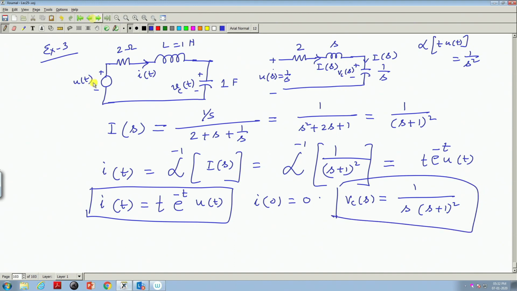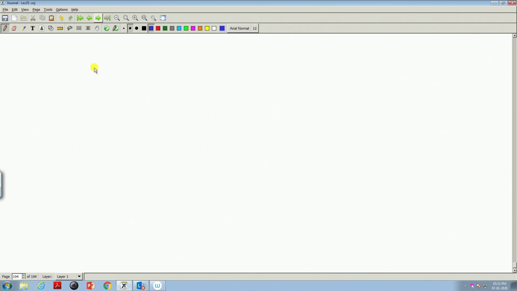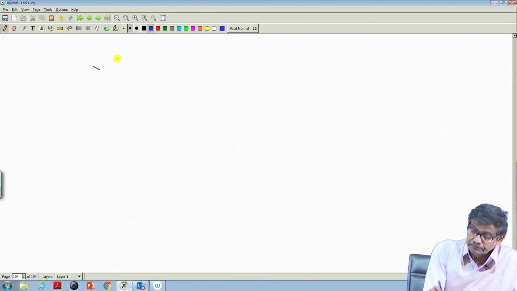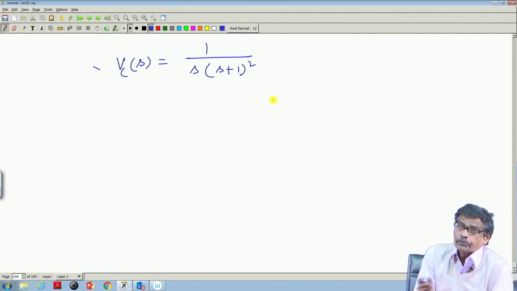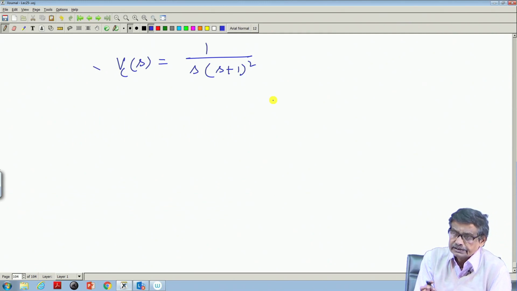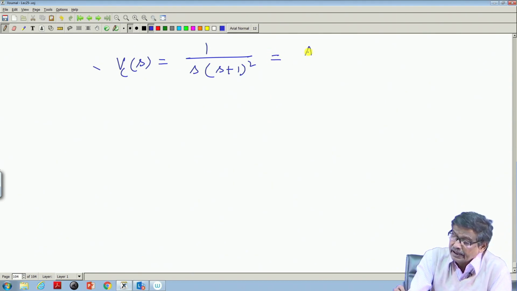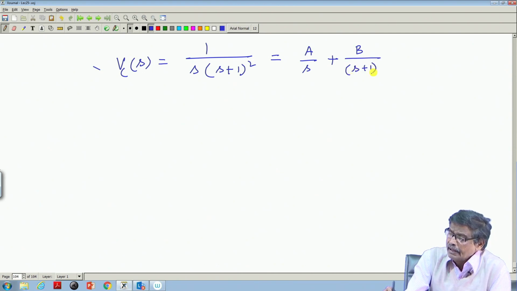So, Vc(s) is 1 by s into (s plus 1) whole square. Now, in this case of course, you have to do partial fractions. These are the finer things you must know. Here the partial fraction will be a by s plus b by s plus 1 and say plus d by (s plus 1) whole square.